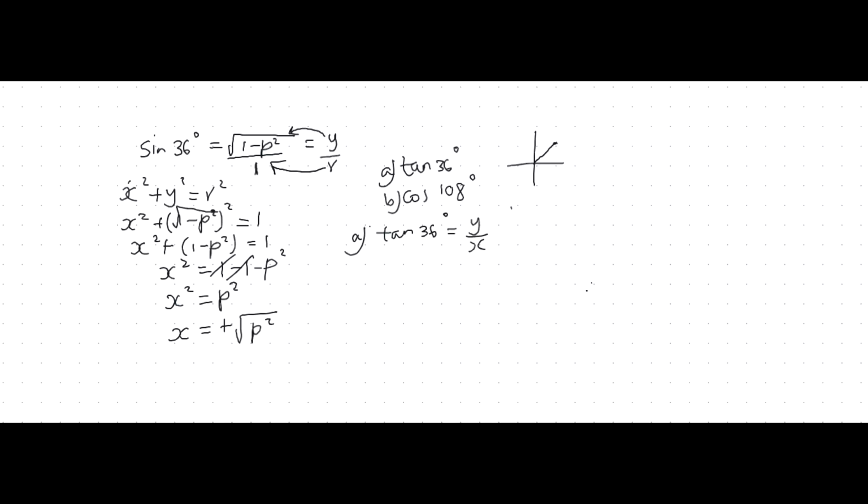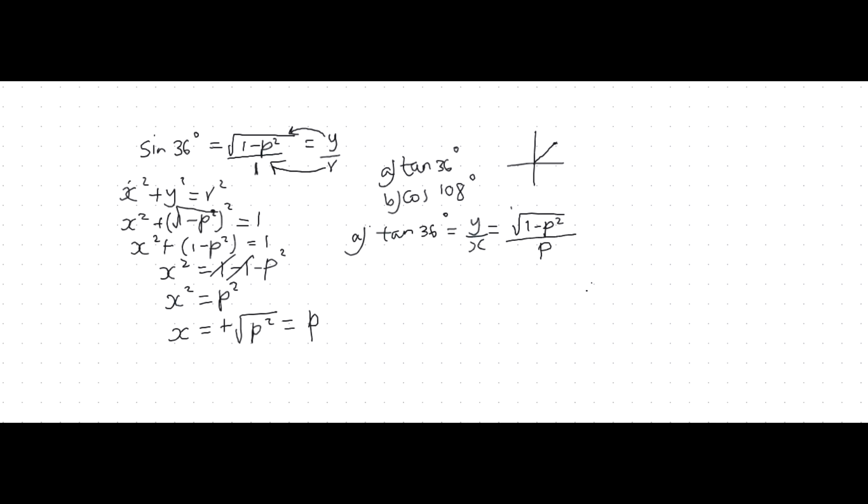We do have y, which is the square root of 1 minus p squared, divided by x, which is the one that we worked out. I didn't simplify it. It equals p. Then we have p as the answer.